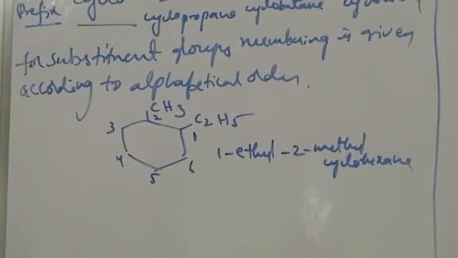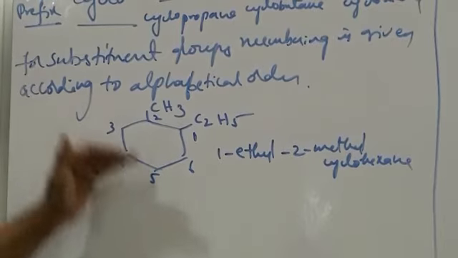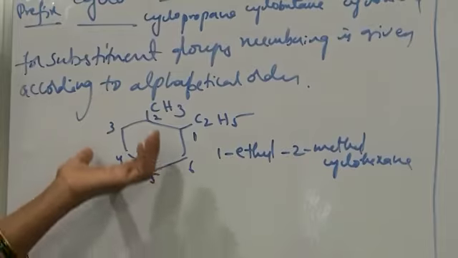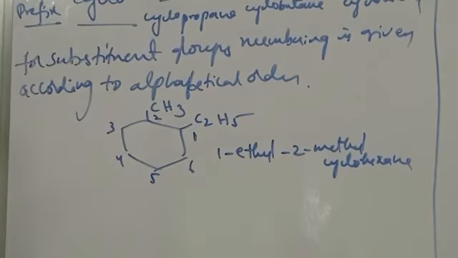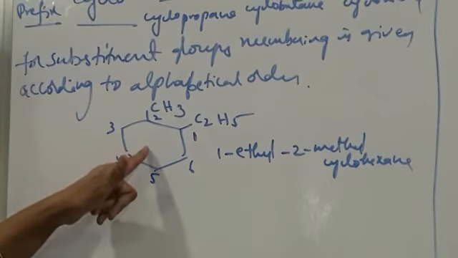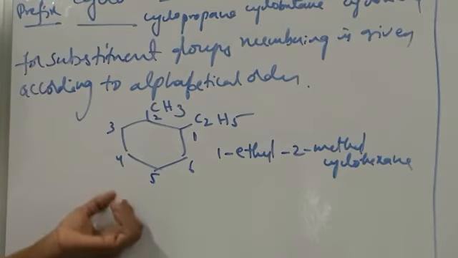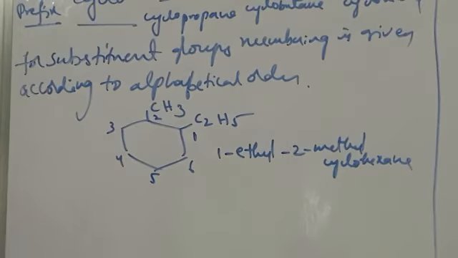Then if the alicyclic ring contains more or an equal number of carbon atoms than the substituent chain, those compounds are called cycloalkyl derivatives. If a ring contains fewer carbon atoms than the substituent chain, then that alicyclic ring itself is a substituent.